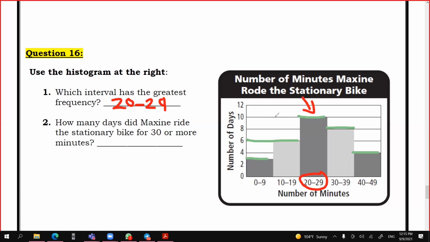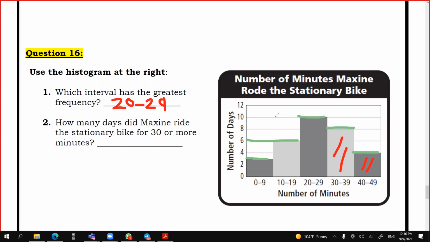Number 2: how many days did Maxine ride the stationary bike for 30 or more minutes? For 30 and more, it means here and here.